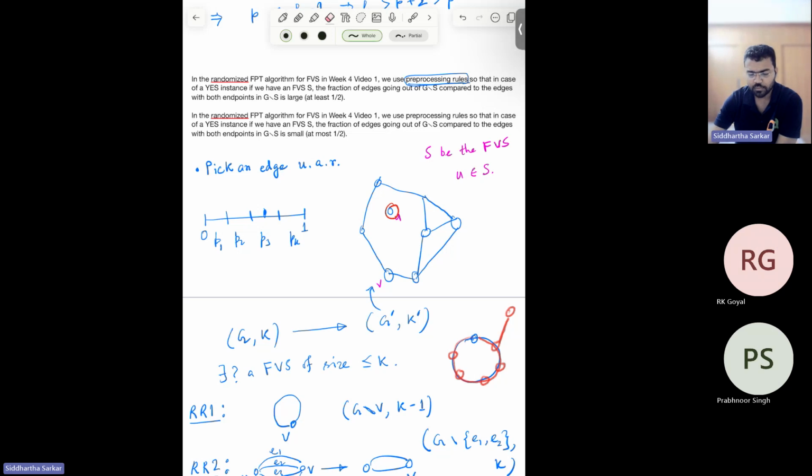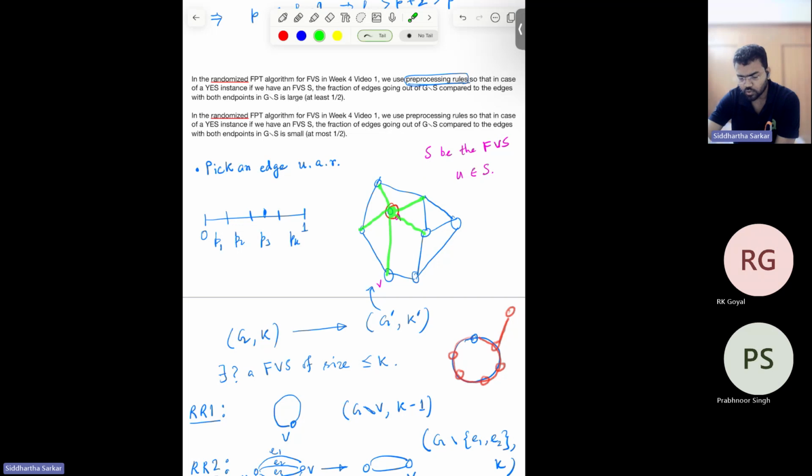So now, with 0.5 probability, you could have taken U, and with 0.5 probability, you could have taken V. Now, if U is taken into the feedback vertex set, then all the edges incident to U are getting deleted because the ability of U to destroy cycles is only limited to those cycles where these edges, which are incident to U, are taking part.